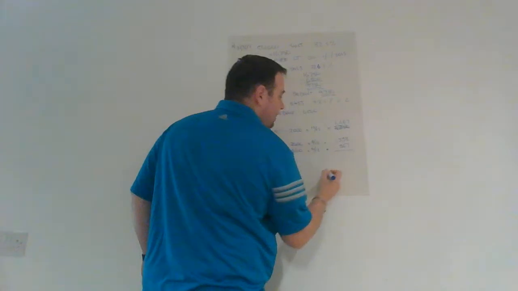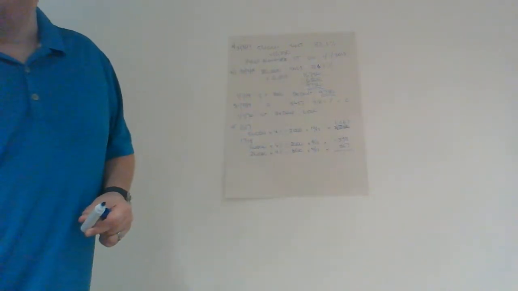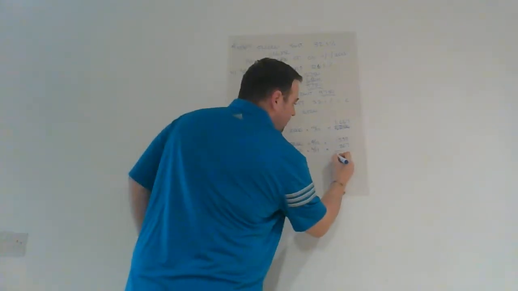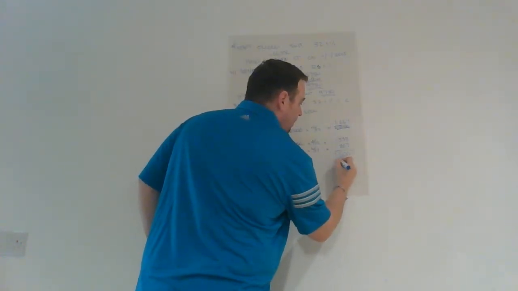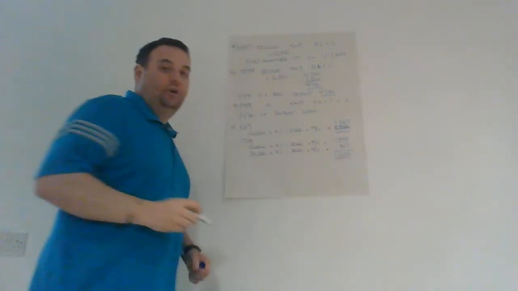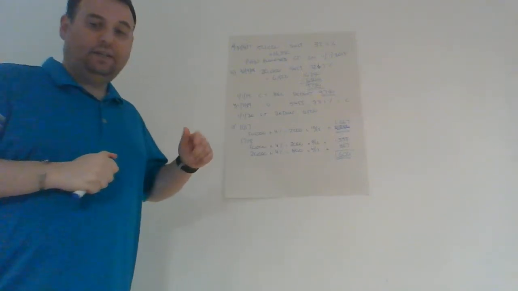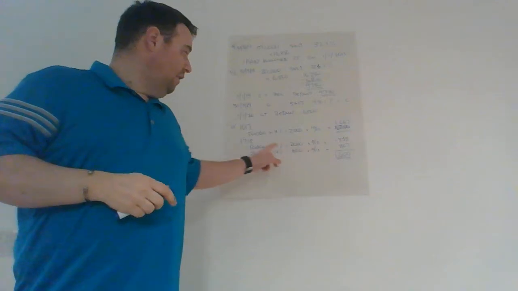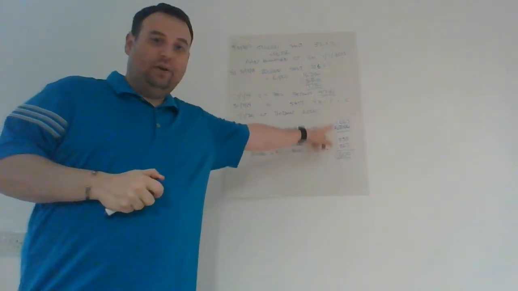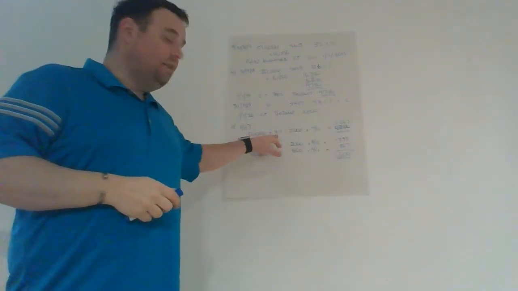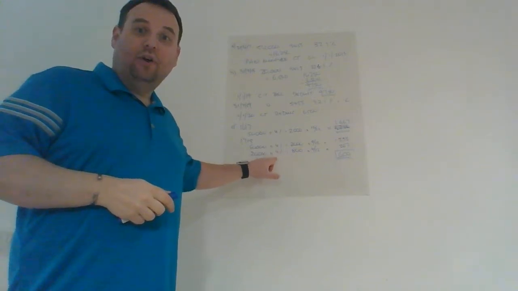And that comes to 267. So the total that year is 1,600. Now, it does look strange that even though we've paid the chunk off, the interest is about the same. What we've got to remember is he didn't owe it for the whole year here. He did owe it for the whole year here.